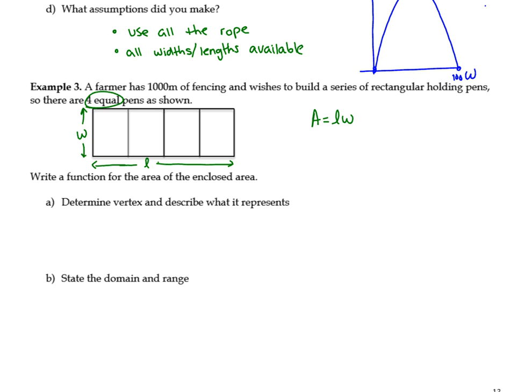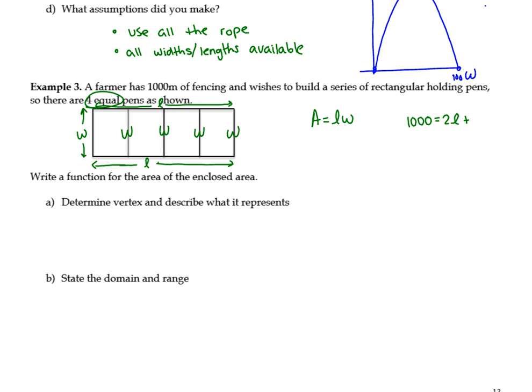Okay, how much fencing do we have? 1,000 meters. So 1,000 equals, how many lengths do you have? 2 lengths, right? 1, 2. One on top, one on the bottom. How many widths do you have? 1, 2, 3, 4, 5.